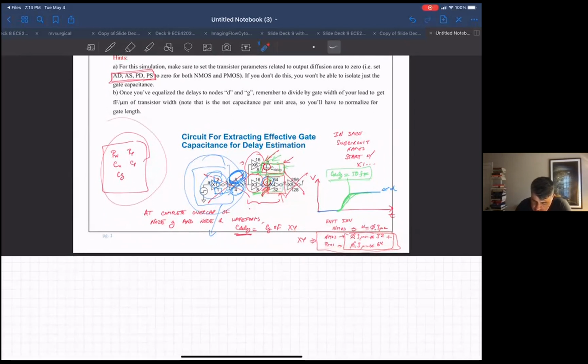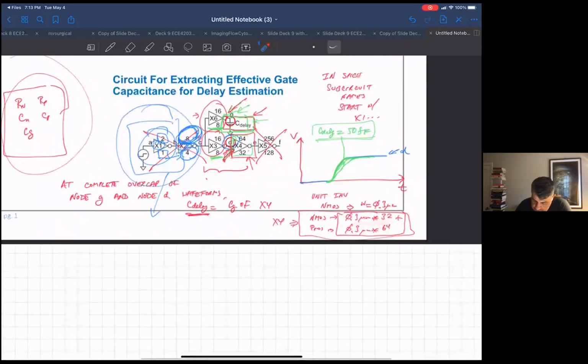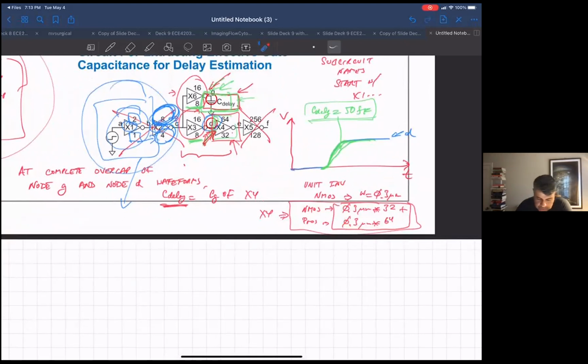Assuming we started with a 0.3 micron wide NMOS, this guy is going to be 32 times that, so this will be the size of the NMOS. This is the size of the PMOS.